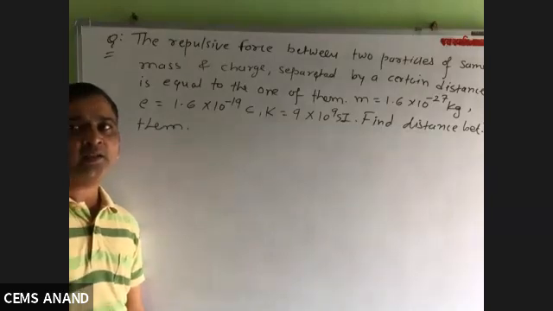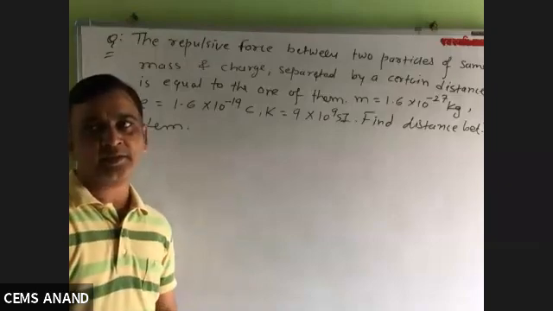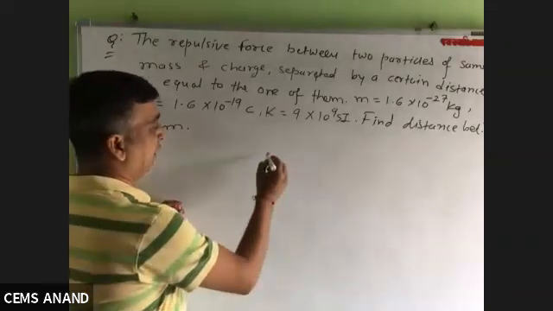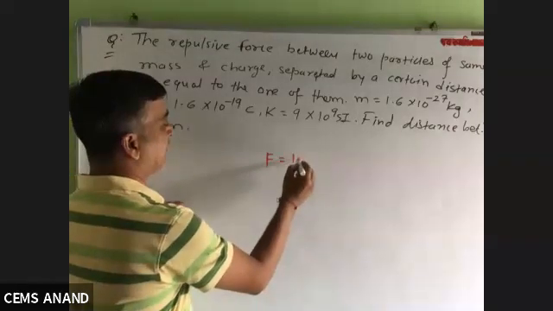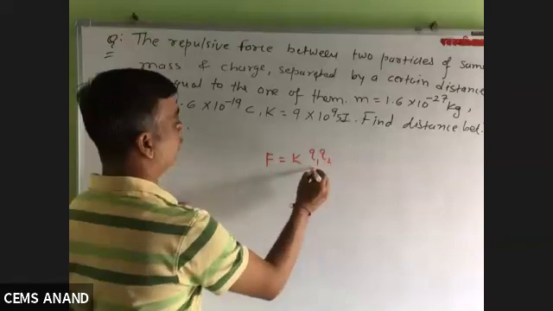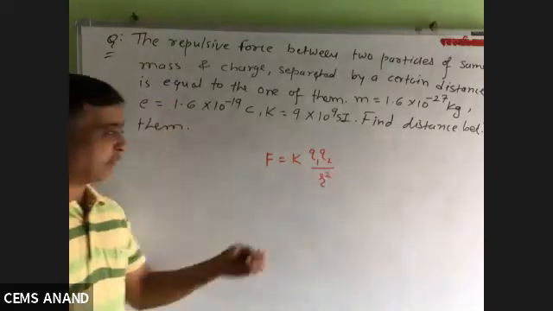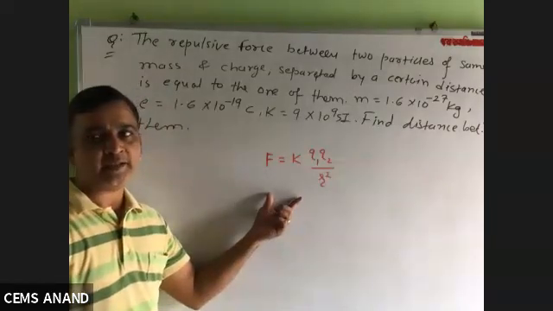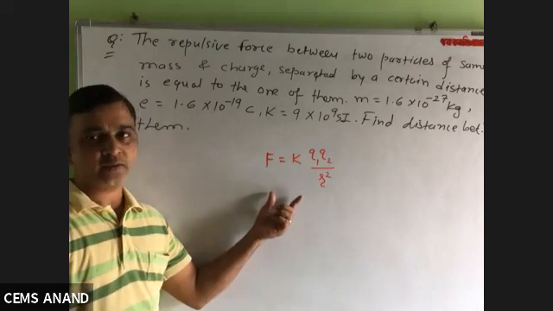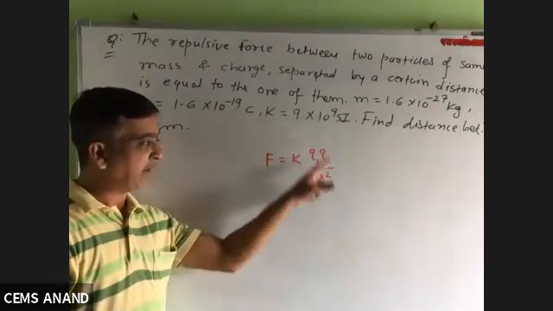The general formula of force, or we can say electrical force or Coulombian force, is F equals K Q1 Q2 upon R square. In this formula, all quantities used are only with their magnitudes. There is no indication of direction anywhere in the formula.